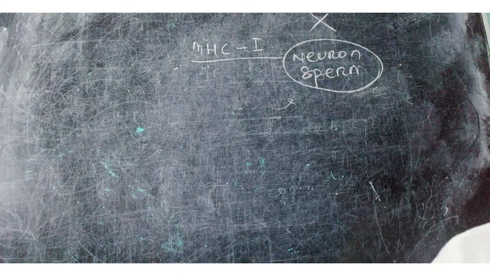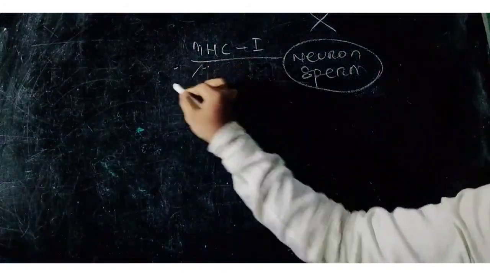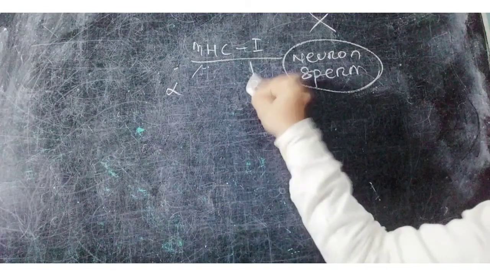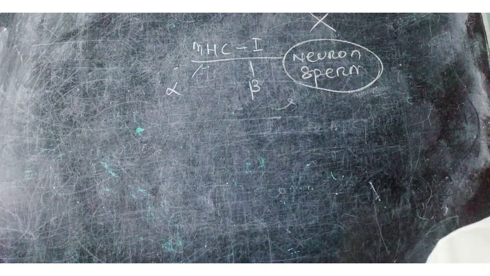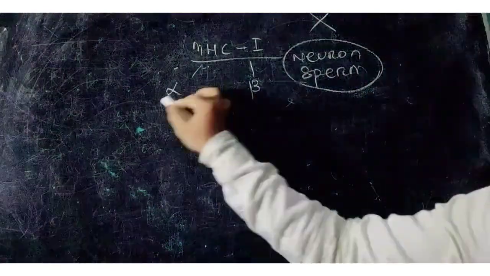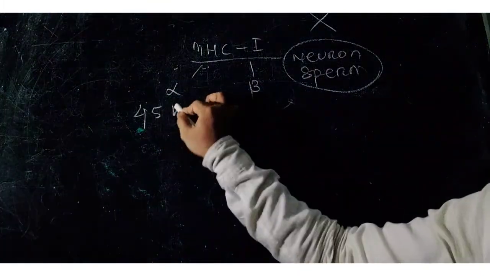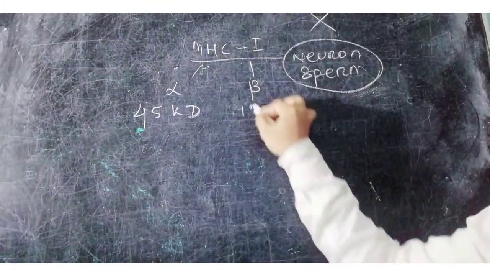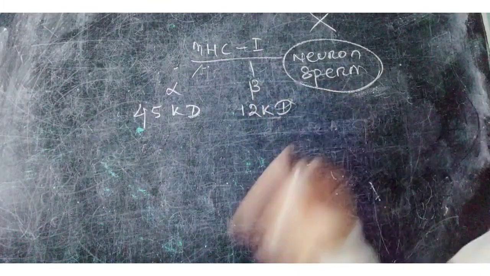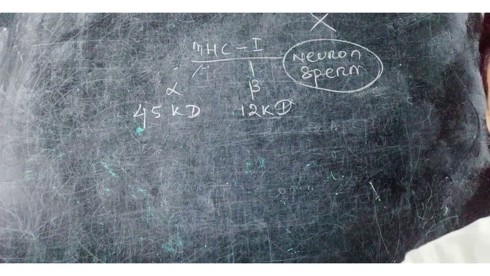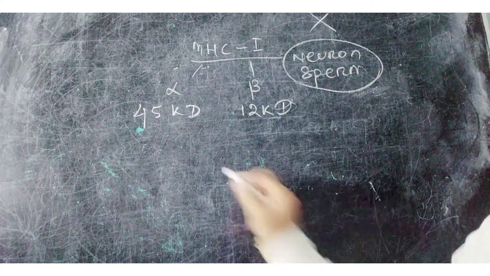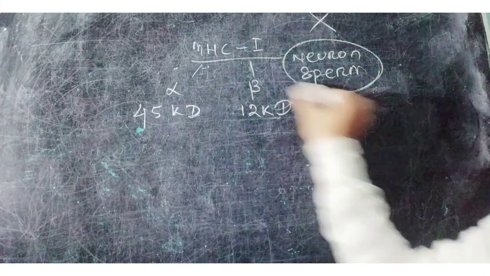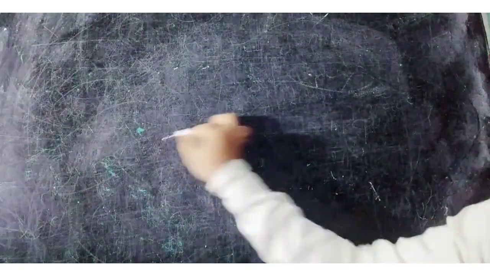There are two chains in MHC1, alpha and beta chain. The alpha chain is the larger chain, about 45 kilodaltons, and beta is about 12 kilodaltons. Suppose this is the membrane of the cell. Look at the detailed structure.